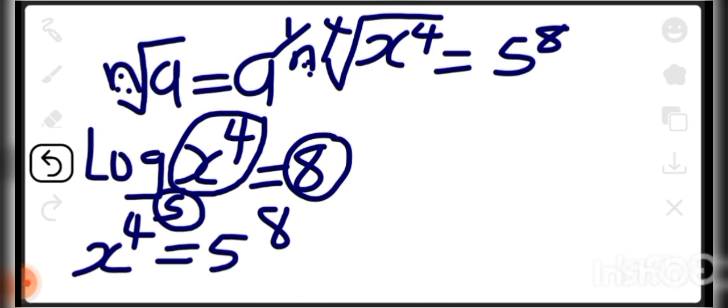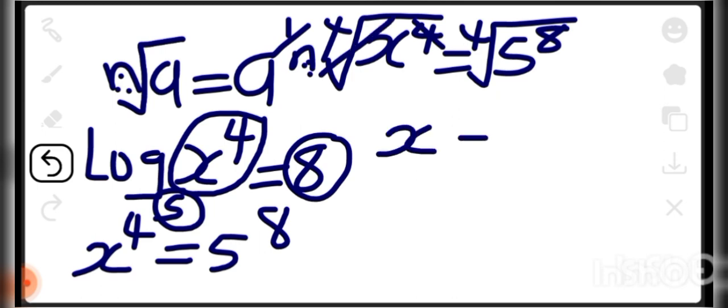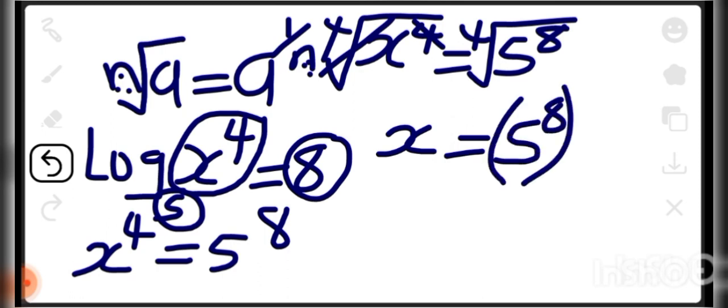Just ensure you know all these things. Then if you take the 4th root of this side, also take the 4th root of this other side, so that this will cancel this root. Our s now will be 5 raised to power 8, and the 4th root means raised to power 1 over 4. Remember, nth root of a means a raised to power 1 over n.